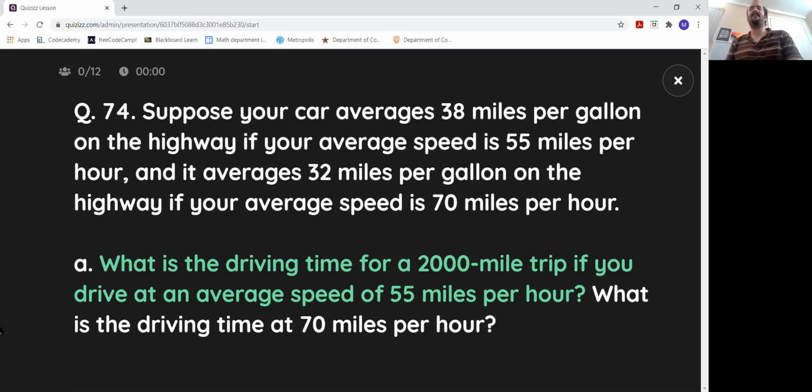So what is the time in this? It might help you with your unit analysis to do unit analysis. It will tell you what units you'll be in. So they want to know time, and they're giving us speed in miles per hour.